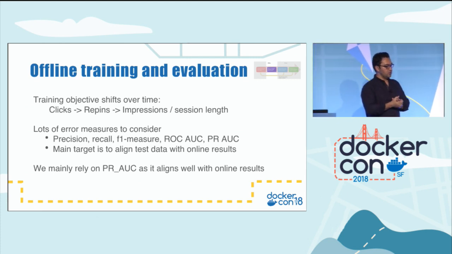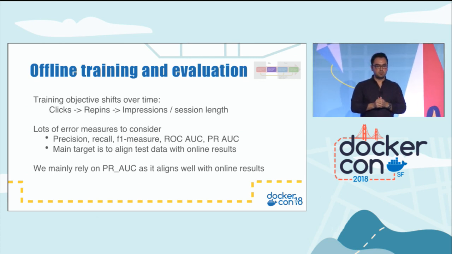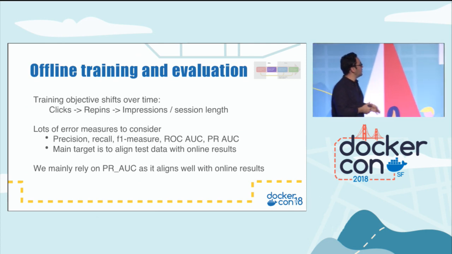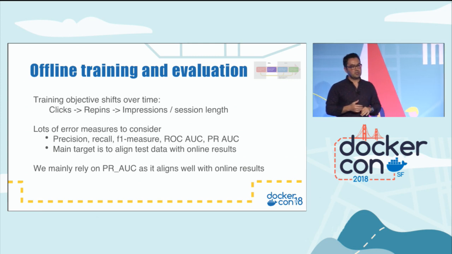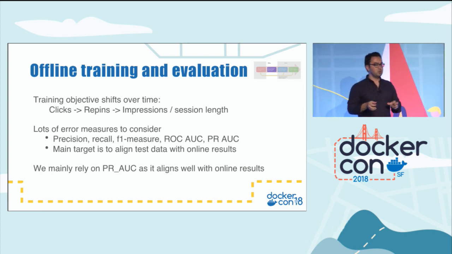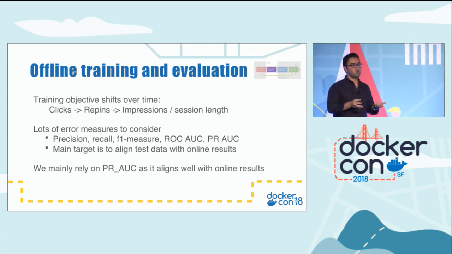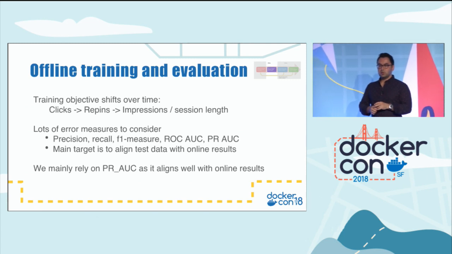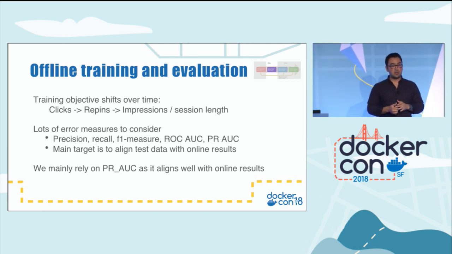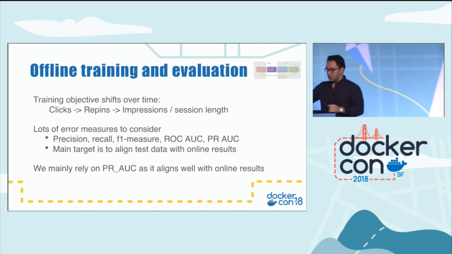Speaking of error measures, you have quite a few of them. I just named some of the most common ones. And as you're choosing that, the most important thing is to align your offline performance with what you see online when you start an A/B experiment. For our case, we chose precision and recall AUC.